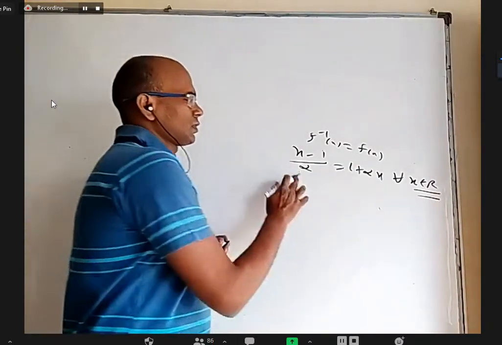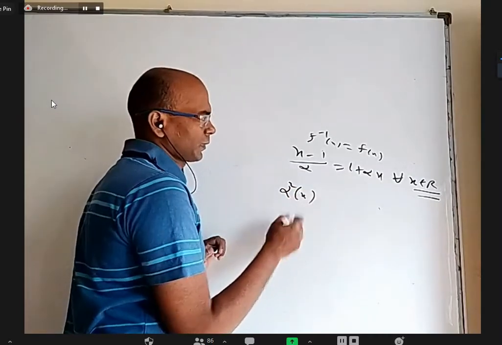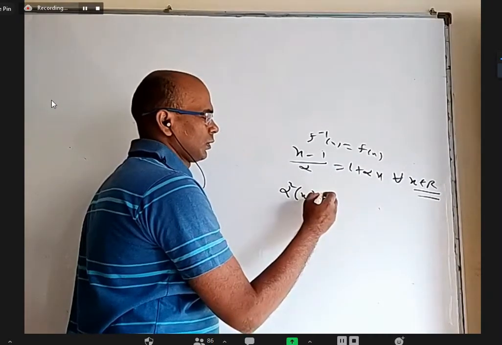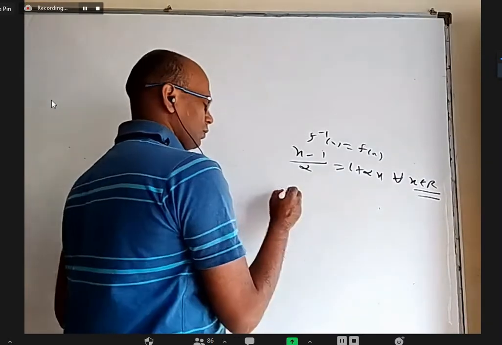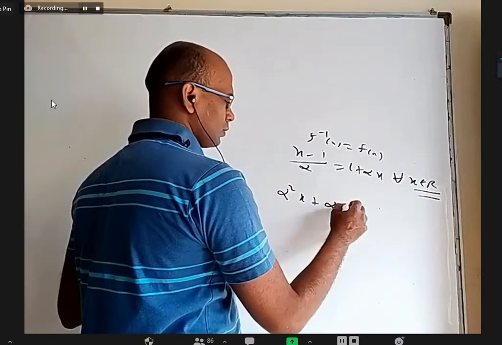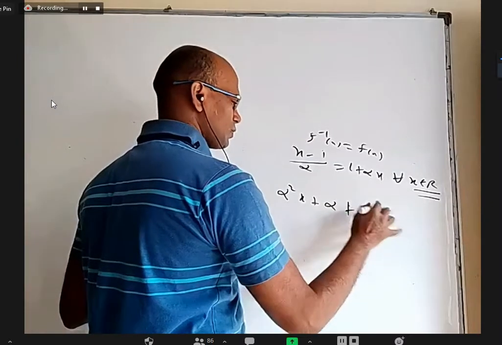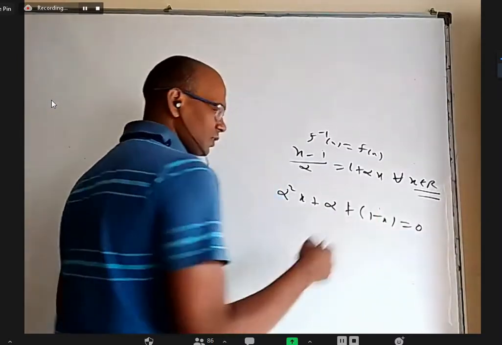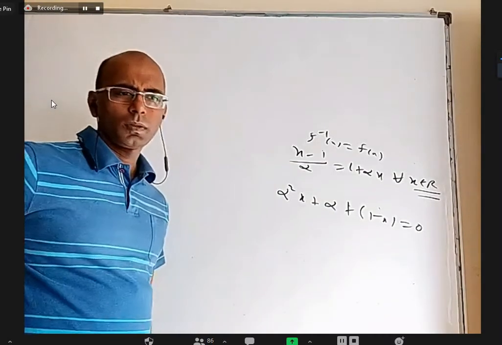Okay, let us see what you got in terms of alpha, one quadratic equation. Alpha square into x plus alpha plus 1 minus x. Okay. After that, what do you want to do? Like I got alpha and I did the quadratic equation.